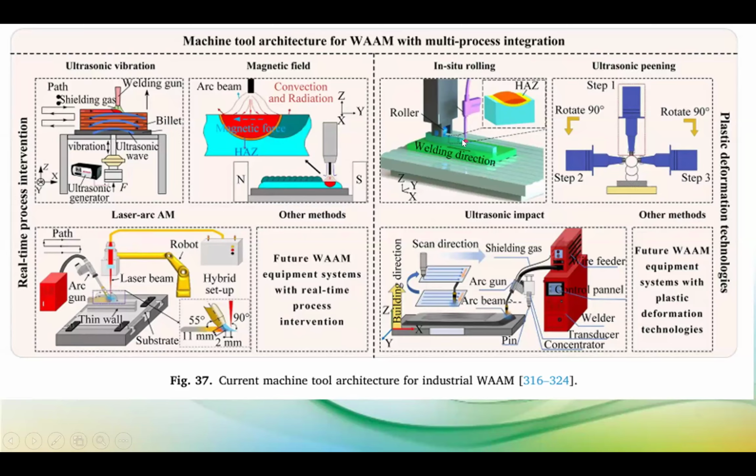It will be depositing layer by layer. Immediately after deposition and solidification, that hot metal will be rolled using a roller. This is an additional process by which we can improve the quality of this VAM product.